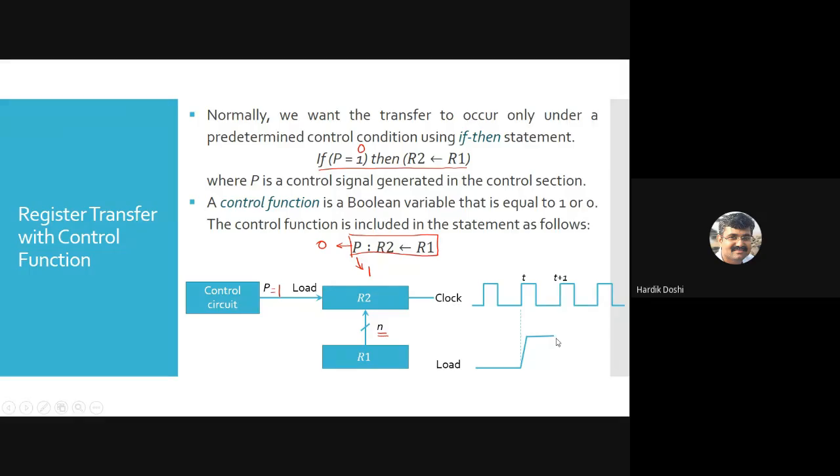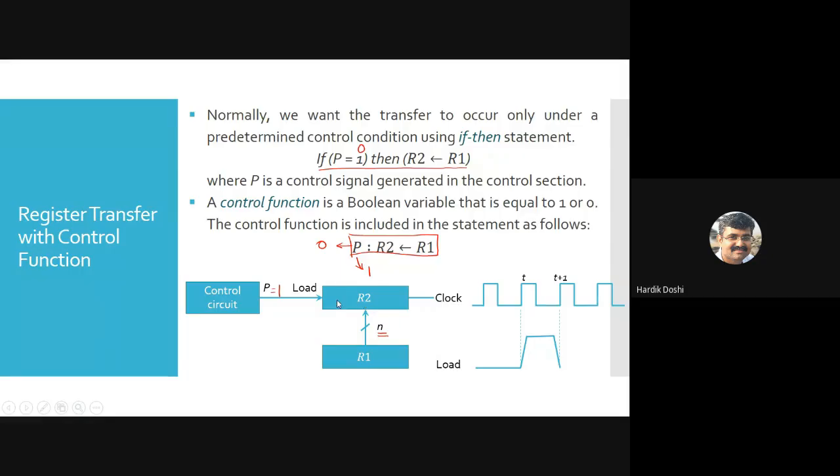So at time t plus 1, this load will go to 0. The load signal will go from high to low. What should happen? The transfer from R1 to R2 takes place.